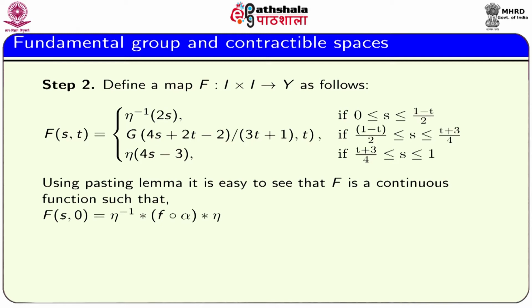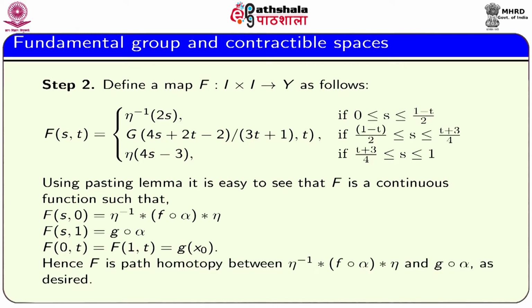Also, if we put t equal to 0, then F(s,0) becomes eta inverse star (f composed alpha) star eta. F(s,1) becomes g composed alpha, and F(0,t) is equal to F(1,t) is equal to g(x0). Hence, this function F is a path homotopy between eta inverse star (f composed alpha) star eta and g composed alpha, as desired.